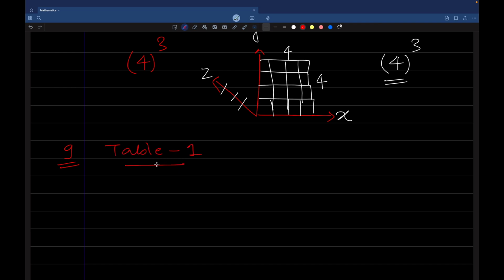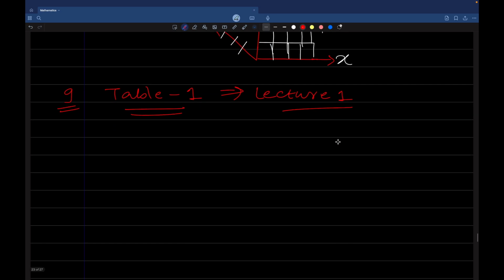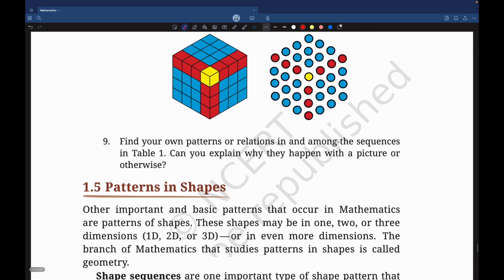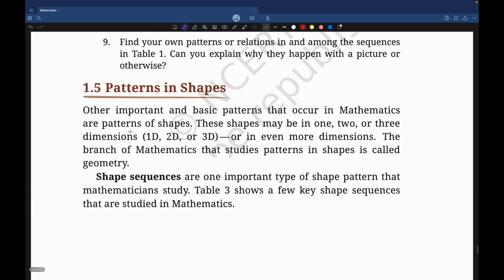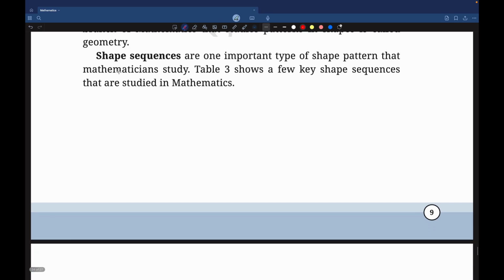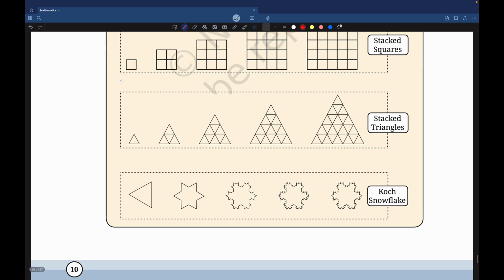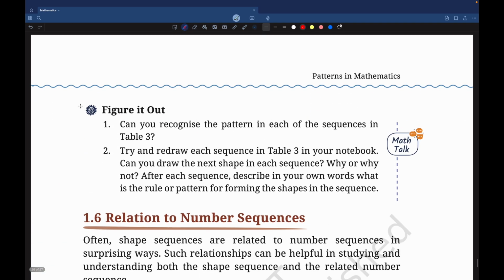Table number 1 we have discussed in lecture number 1 in detail, so we will not discuss it in this lecture. In the next lecture we will discuss topic number 1.5, pattern in shapes, and the corresponding figure it out. Thank you.